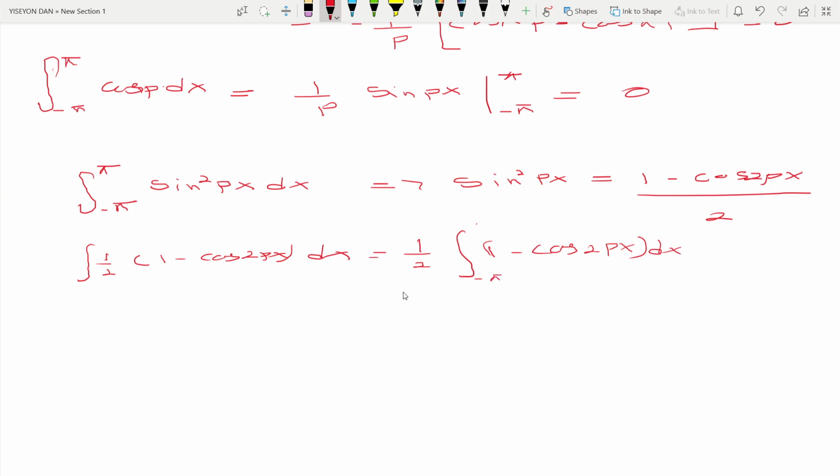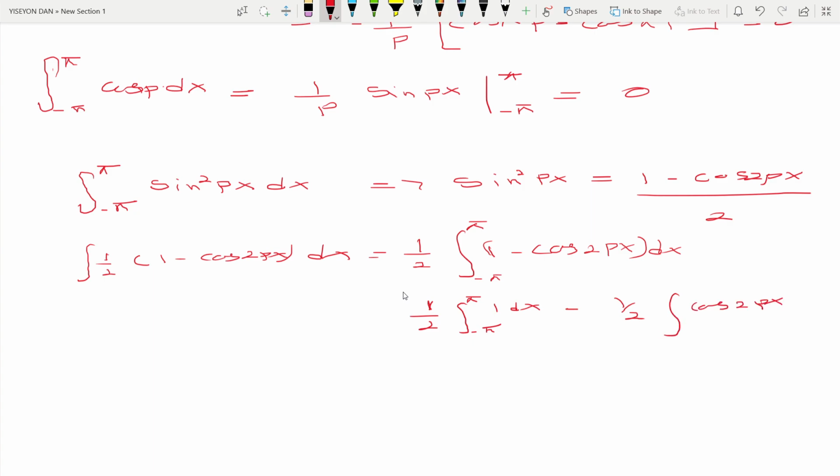On splitting this integral, you can write this as 1 over 2 integral from minus pi to pi of 1 dx, minus 1 over 2 integral of cos 2px dx.